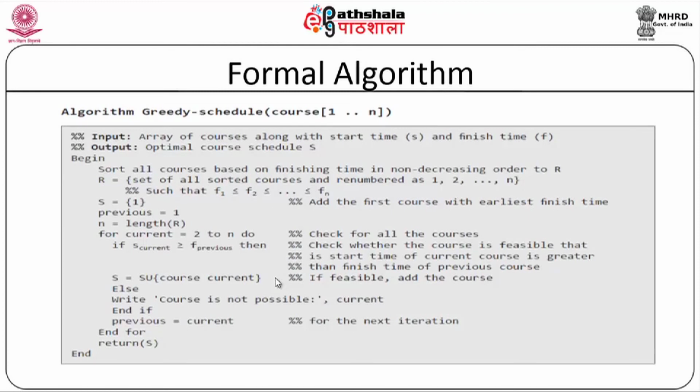We are considering the starting time and finishing time. If the starting time is greater than the finishing time of the previous task, then we consider that particular course, otherwise that course is not possible. So, when we come out of this loop, we have a schedule that we can call the optimal schedule.